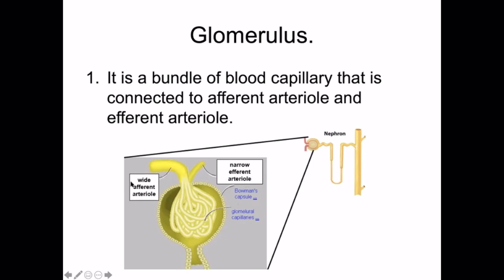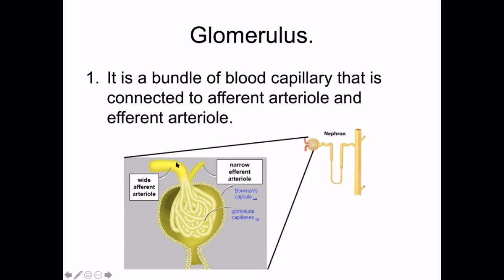Okay, so as you notice here, it say the words wide, and here it used the words narrow. Okay, so we can say that the blood will flow from afferent arteriole to efferent arteriole, where the blood vessel is getting narrower.